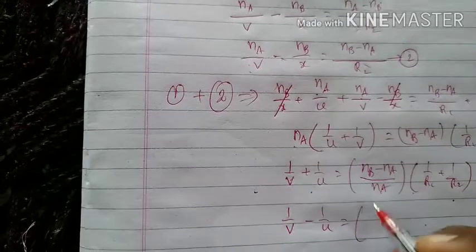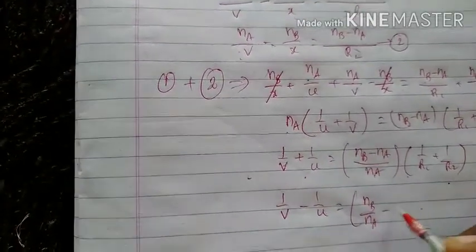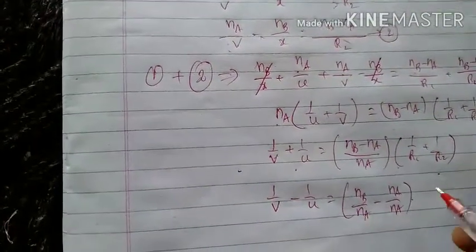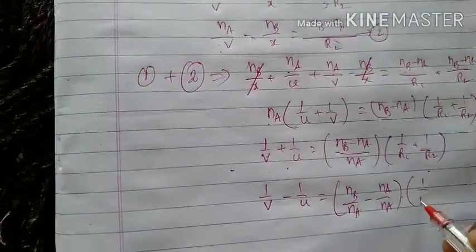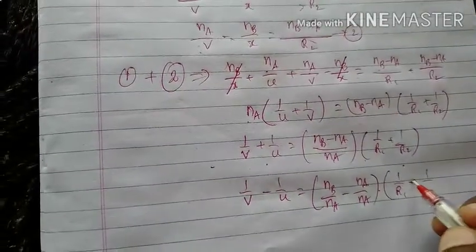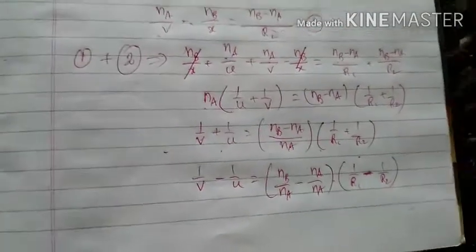Cancelling here, we get NB by NA minus NA by NA, resolving into fractions. And here R1 is positive, R2 is negative.